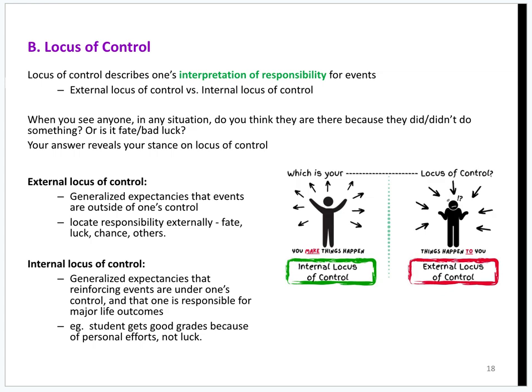Do you think they're there because they did something to get there, or they didn't do something to get there? Or are they there because it's bad luck or fate? So your answer reveals your stance on locus of control. And again, this is not something that you consciously really do, unless you make it conscious, right?